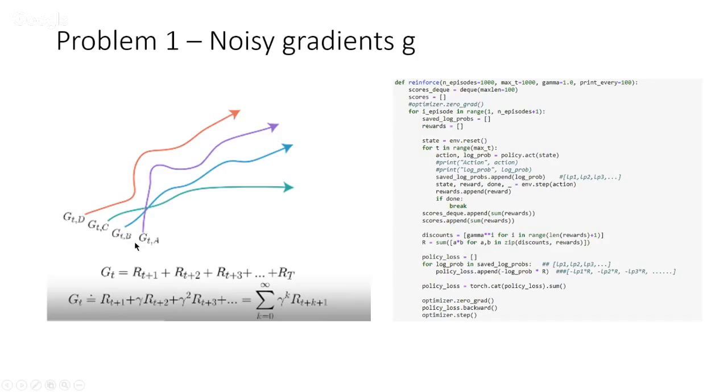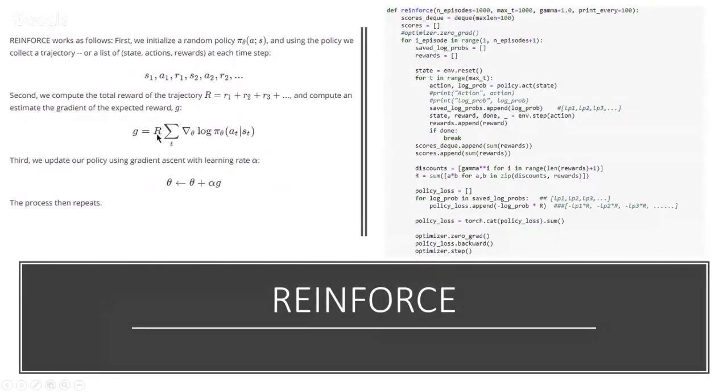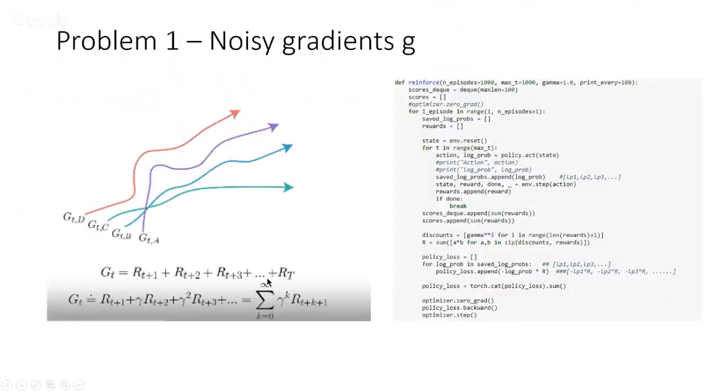So that's why our return will be different, so our rewards will be different. If we compute one trajectory, we get some reward. The next trajectory might be completely diverse, completely away from it. So the first trajectory could be this and the next could be this.